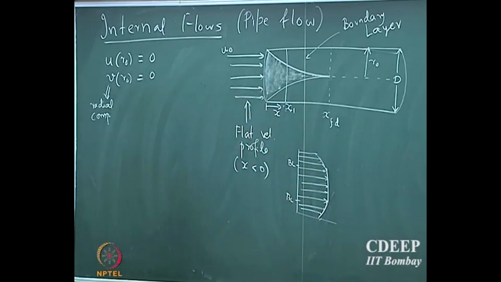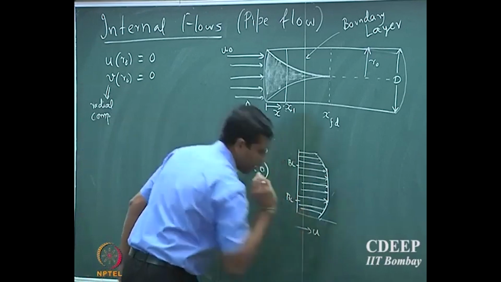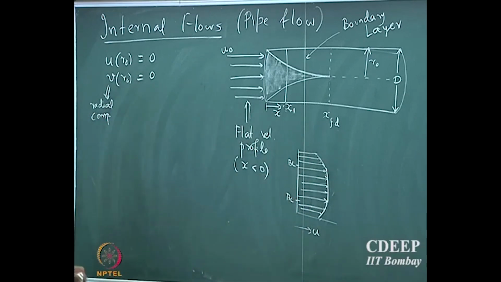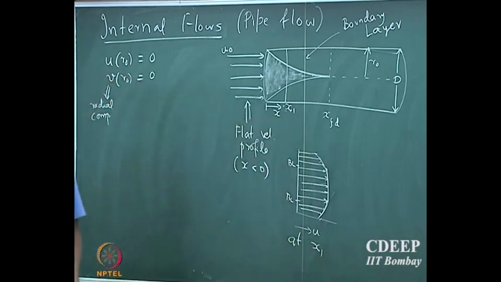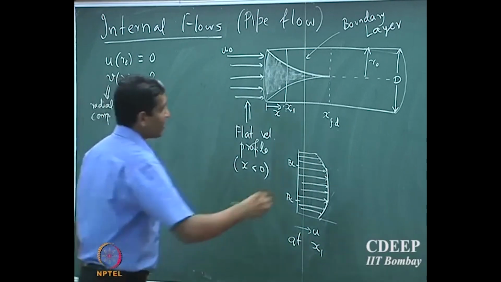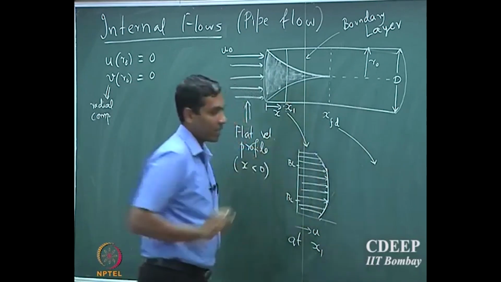So you will have a velocity profile which looks like this in the x direction. This is the x component velocity profile at the x1 location.